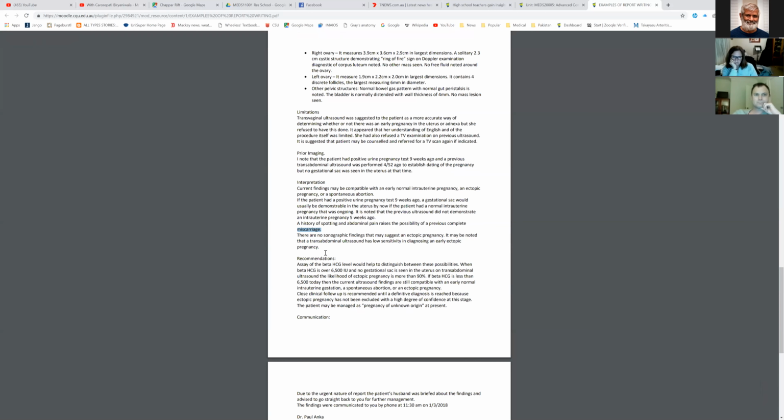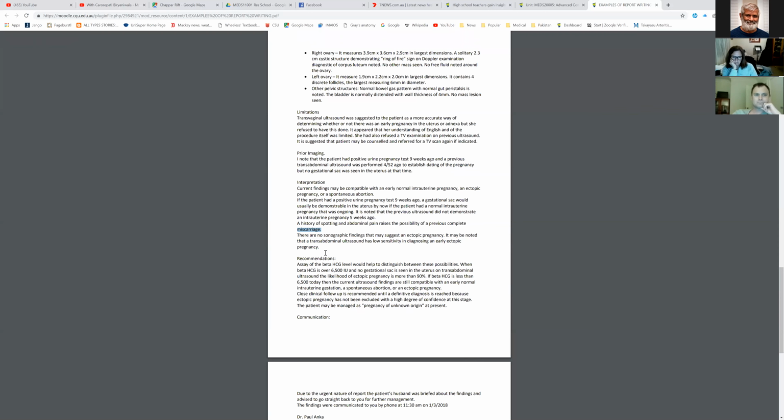and it has ruled out or differentiated between the 3 possibilities based on what ultrasound has been done. Okay, it is not a normal intrauterine gestation because we should be able to see that at 9 weeks. We could not see any ectopic, but early pregnancy we cannot really show on transabdominal ultrasound, see the limitations.